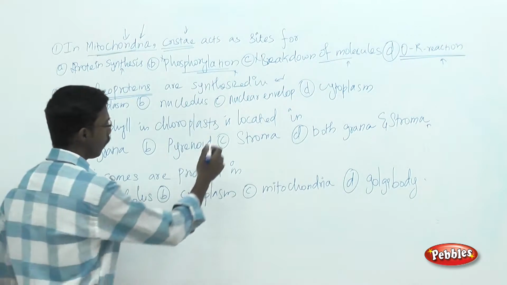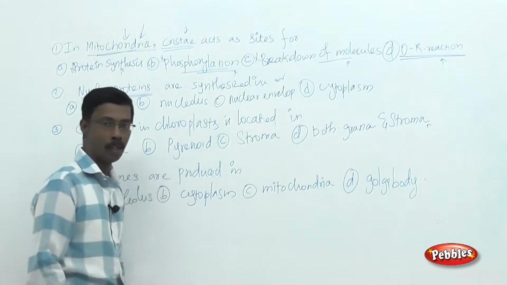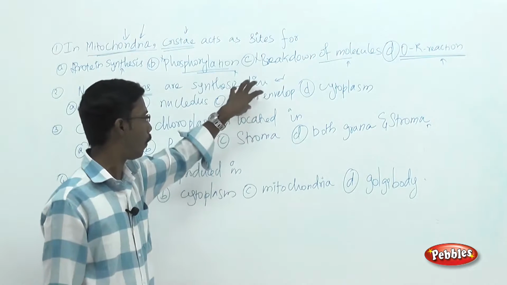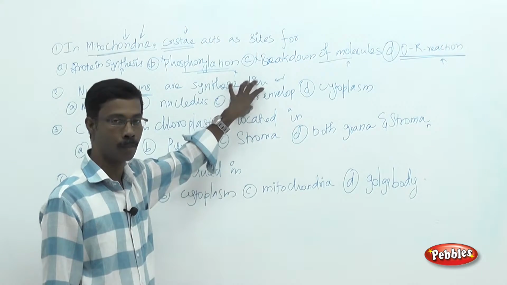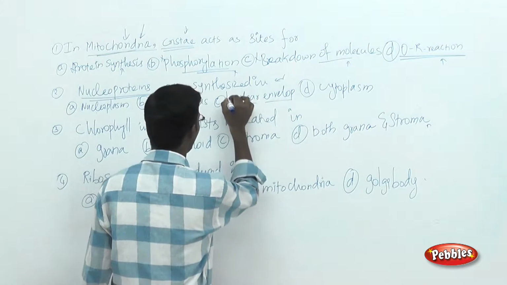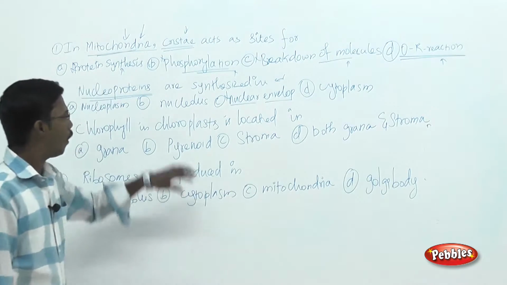Because the nuclear envelope is part of the nucleus, the outer covering or membrane of the nucleus, you may think the nuclear envelope may be the answer. If you think so, your choice is wrong.